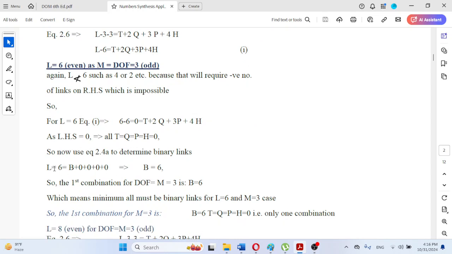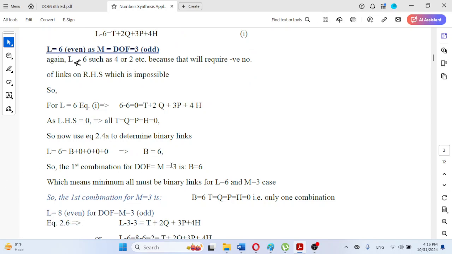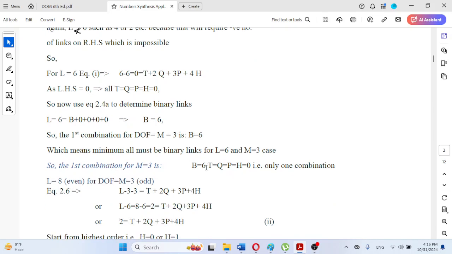In this equation we input all other ternary, quaternary, pentagonal and hexagonal links as 0. So this equation gives B equal to 6. The first combination for DOF or M equal to 3 is B6, which means all must be binary links for L equal to 6 and M equal to 3.